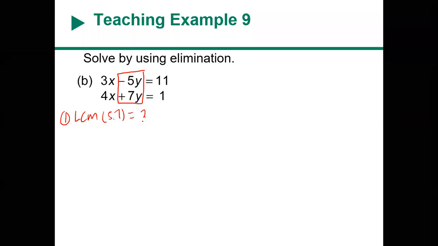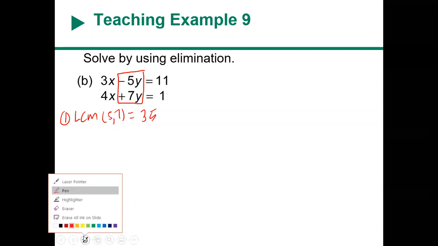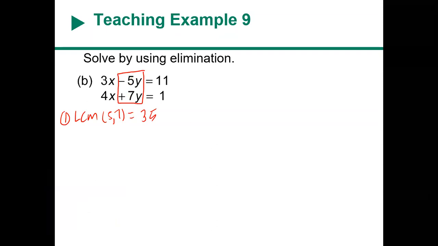And the least common multiple is 35. So how can I transform 5 and 7 into 35? Well, they're both going to have to be multiplied by each other. So I'm going to multiply the first one by 7, and what I do to one side, I do to the other.